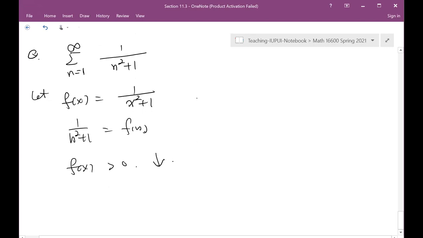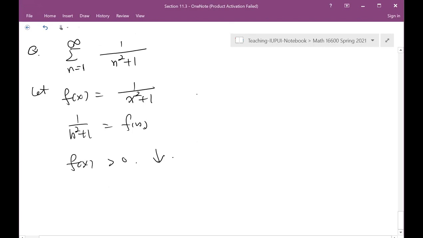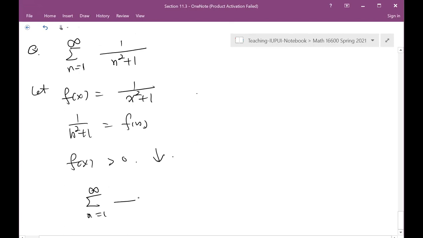Then you can use the integral test to check the convergence, and not only that, you can even estimate. So we conclude that sigma, n starting from 1, minus the first term, which is 1 over 2, is less than or equal to the integral from 1 to infinity, and less than or equal to the sum.